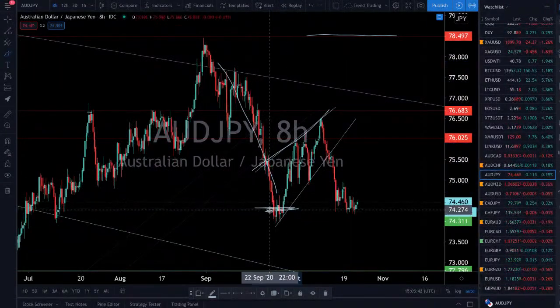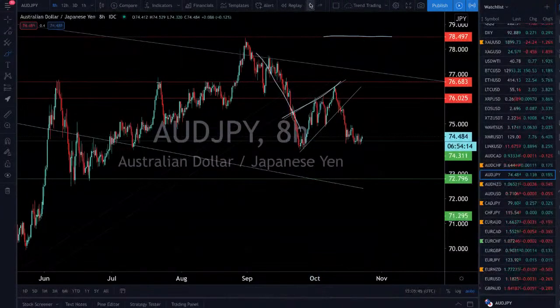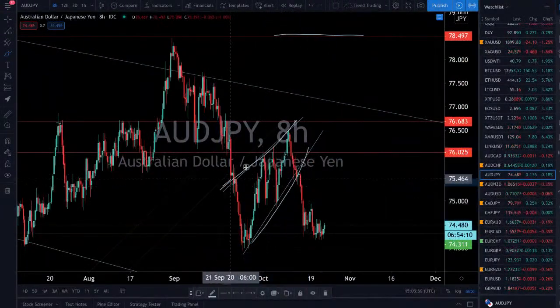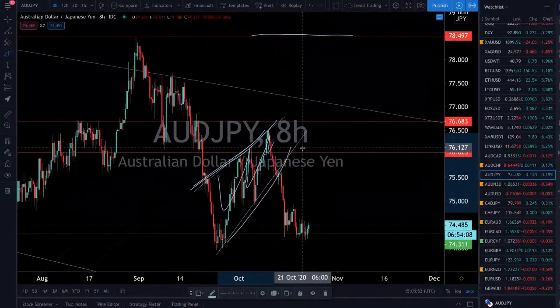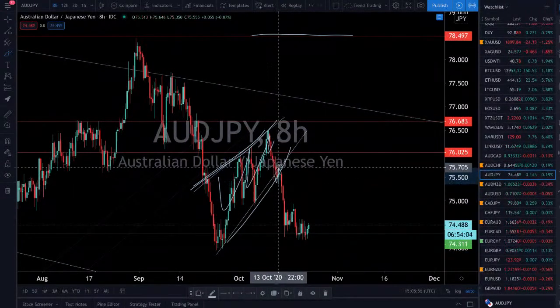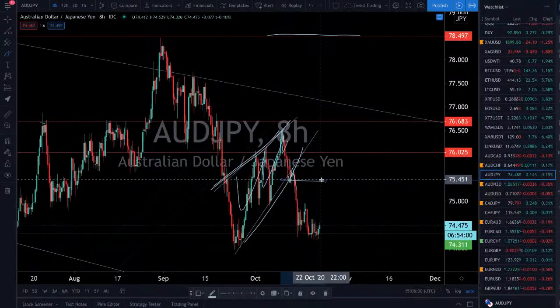You should have been buying off that support, because that's in an uptrend. And then once it was clear that this ascending wedge had developed, and again, we were on the live stream when we looked at it, we had the breakdown, then the retest, and then the resumption. So that was a clear short.